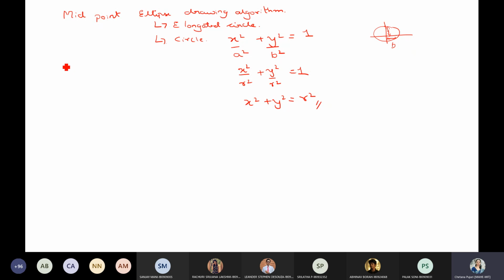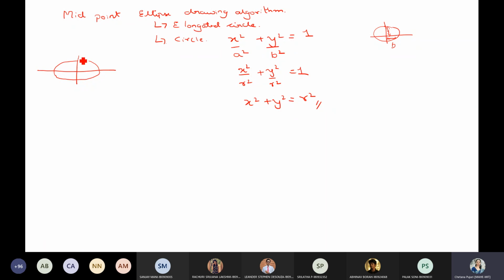So how will your ellipse look? It will look something like this.